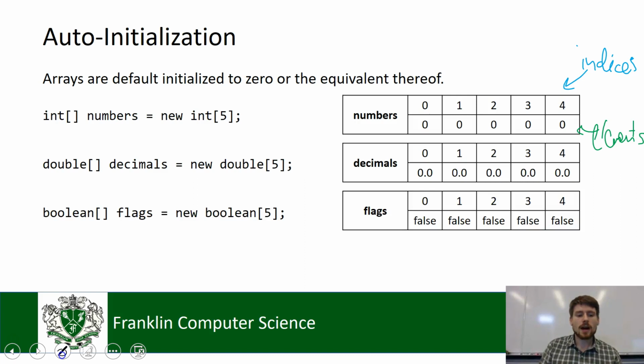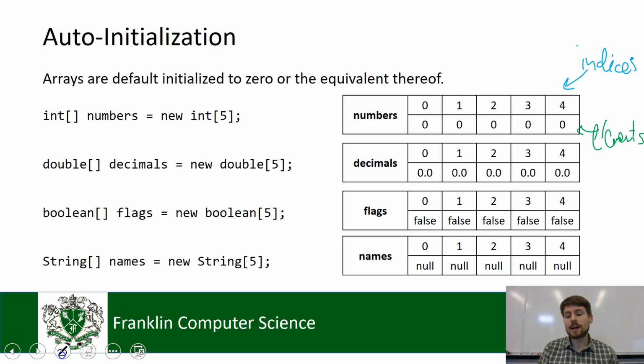And if we were to do an array of booleans, what would the equivalent of 0 be for that? Well, it would be false. So everything gets initialized to false if it's an array of booleans. That's basically the 0 for a boolean. A 1 for a boolean is true, 0 for a boolean is false.